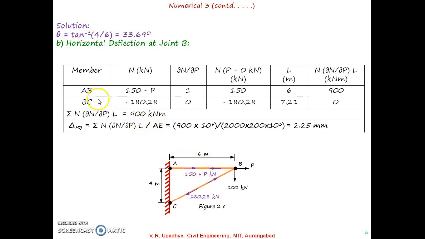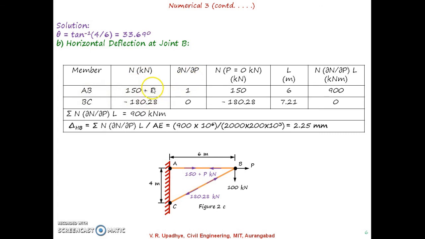In this table, the first column is the member, and the second column is the internal member force due to the applied external forces plus the P force, which is applied at the position where the deflection is to be calculated. In this case we calculate the horizontal deflection, so the P force was applied in that direction. Now for calculating del n by del P, for the first member AB, 150 plus P was n.